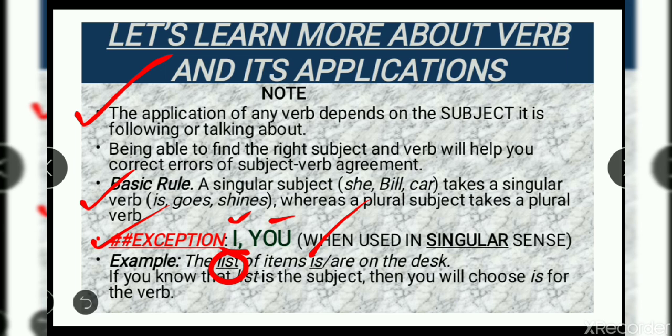If I take a very easy example of the basic rule, suppose for example, she teaches in our school. Here the subject is she, which is singular in number. She teaches. Teaches is also a singular verb. Similarly, if we see another example, like they like to play together.